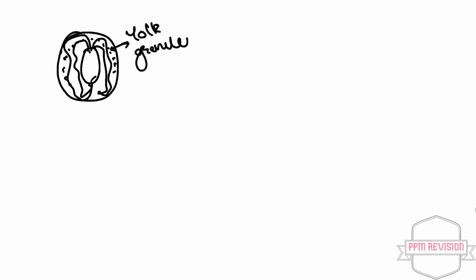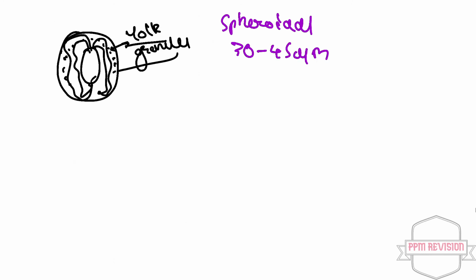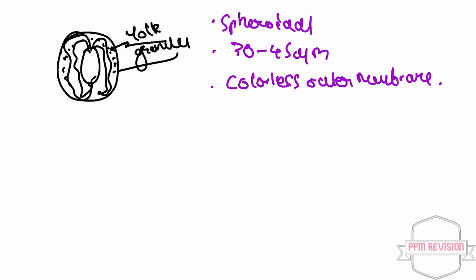Now, just discussing how the morphology looks. The egg is basically spheroidal, and it is 30 to 45 micrometers. It has a thin, colorless outer membrane, and it contains an inner membrane as well.